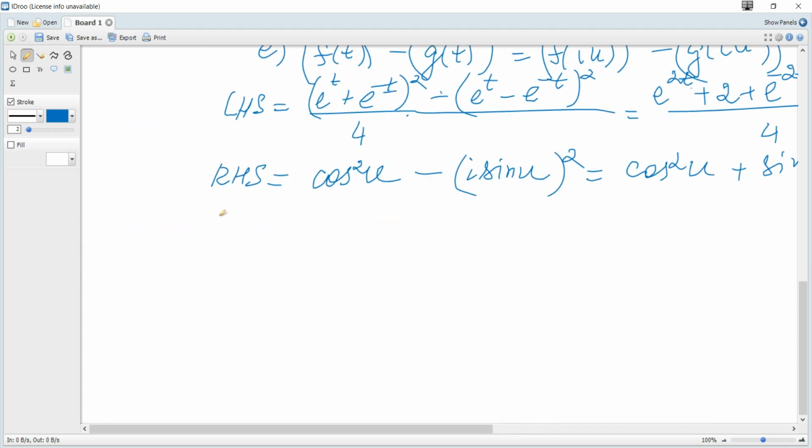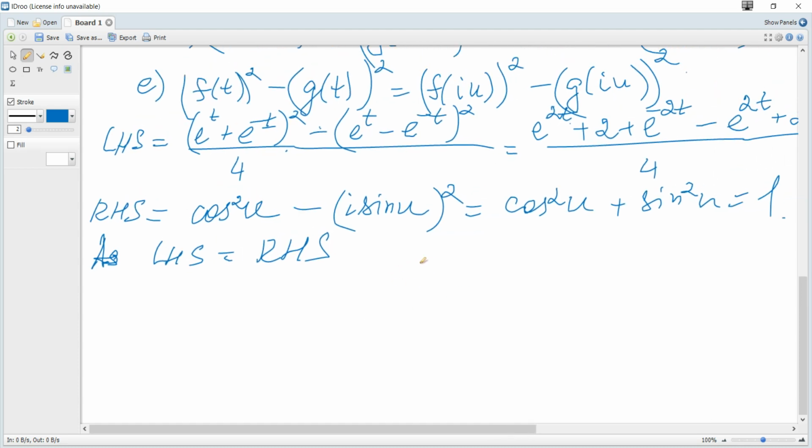And as the left hand side is equal to the right hand side, the statement is true.